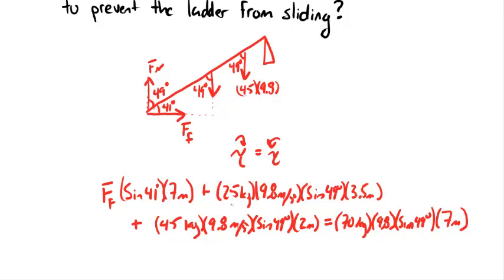We have the mass of the beam here. This is going counterclockwise. Then we have the mass of the person that is going counterclockwise. And the only one going clockwise here in this case, that is the normal force. And so it's going to be 70 times 9.8 sine 49, 7 meters to the pivot.